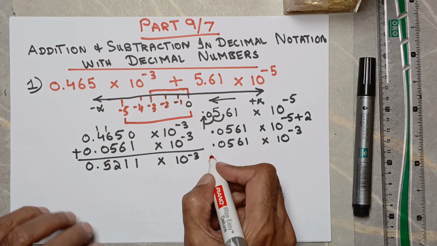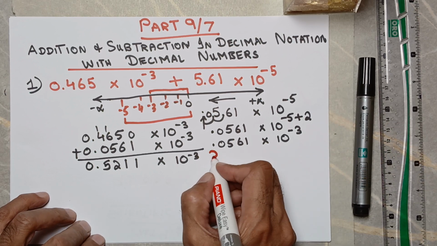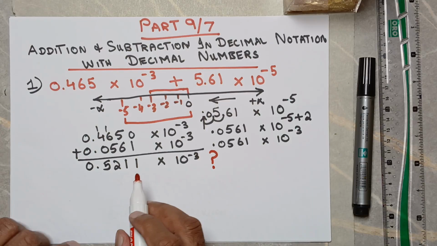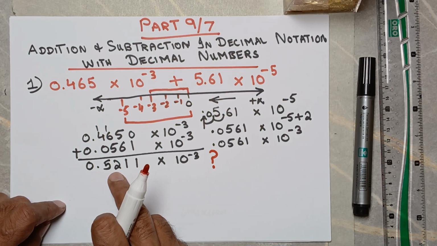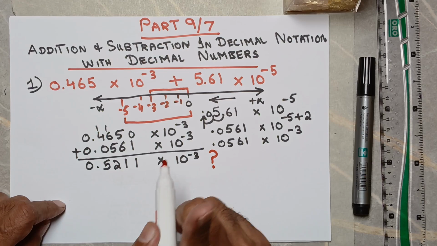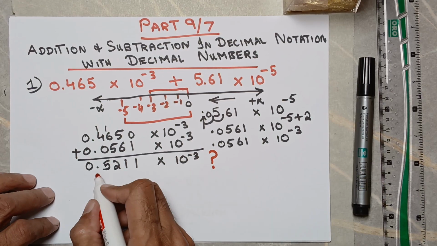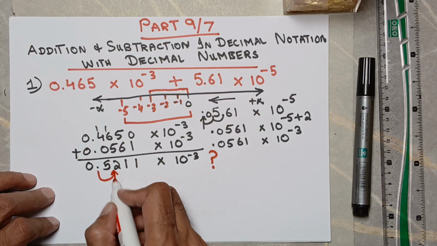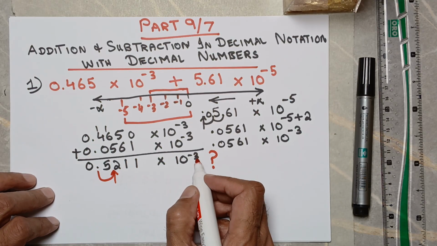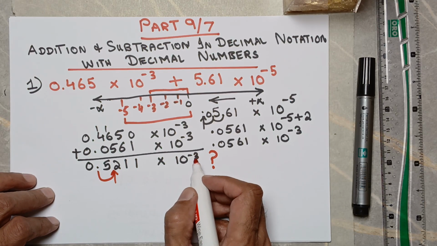But do you think that this is our final answer? No, we have to shift this decimal 1 place towards the right in order to make it 1 significant figure. When we shift this decimal 1 place towards the right, we are going to decrease our exponent.